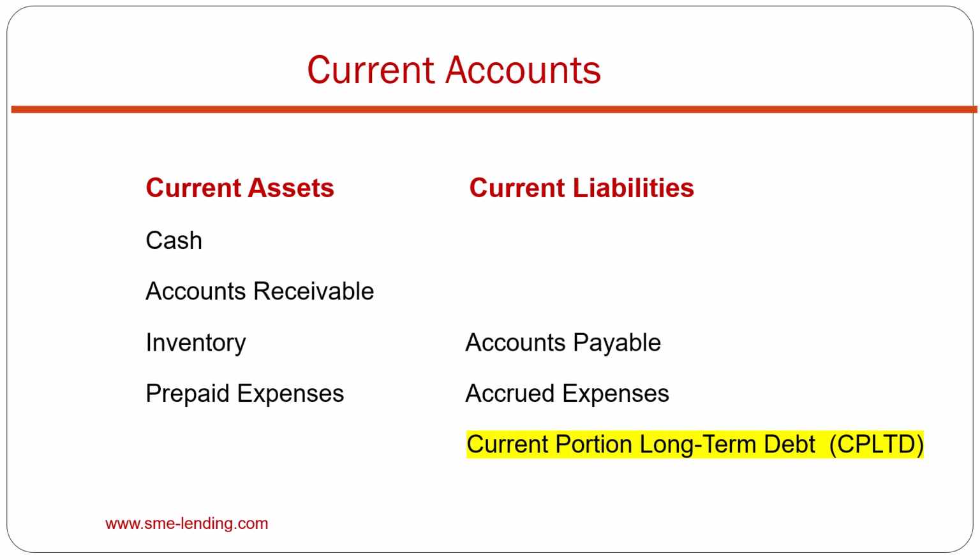So both report a large current portion of long-term debt in current liabilities, which causes their current liabilities to exceed their current assets, making working capital appear to be negative. But negative working capital is a false indicator of illiquidity. Both companies are liquid because both will use their extensive fixed assets to repay their long-term debt.